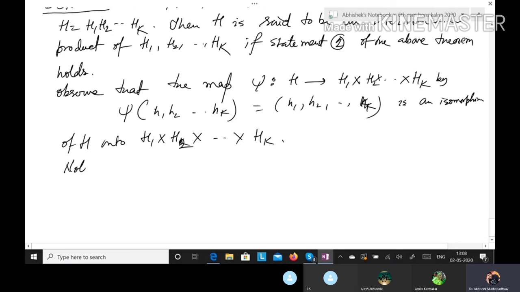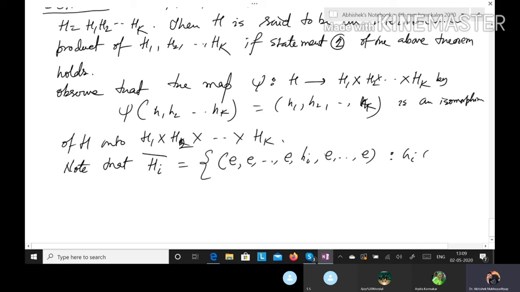And so note that Hi bar. What is Hi bar? That is the set of all elements which are e, and in the ith position it is small hi, and again the others are e, where small hi belongs to capital Hi.